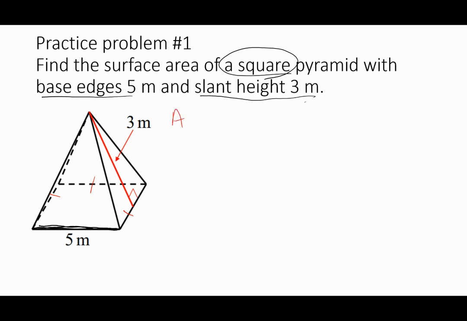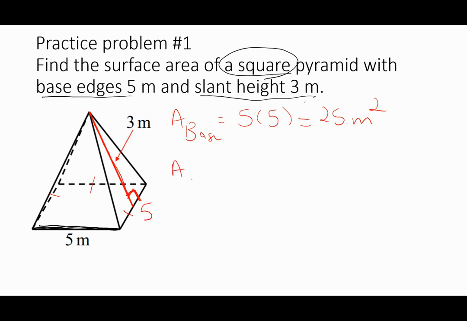So in here, the area of the base is 5 times 5, or 25 meters squared. Each side has a triangle, but we're going to find it for one triangle. So in here we have a triangle. We have our slant height. We have our perpendicular line. We know that this is 5.